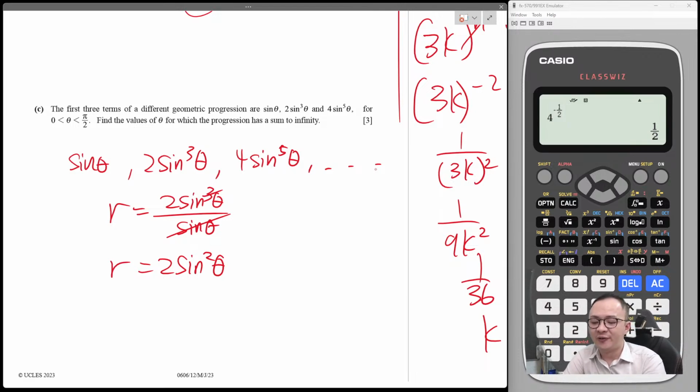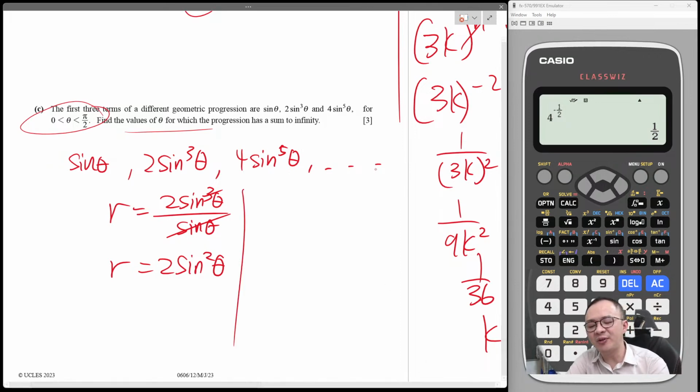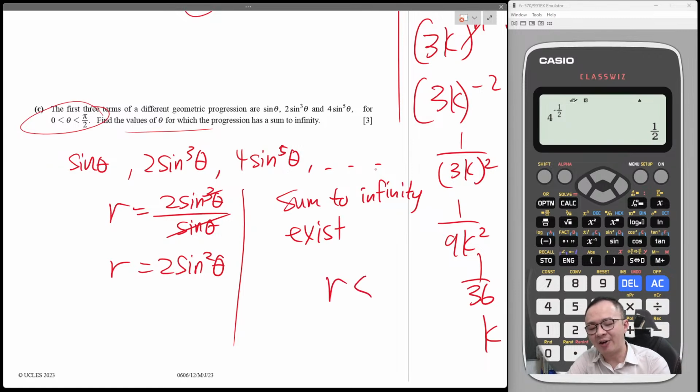Okay, then for this range, the value of theta for which the progression has the sum to infinity. So if the sum to infinity exists, then we know r must be between -1 and 1.